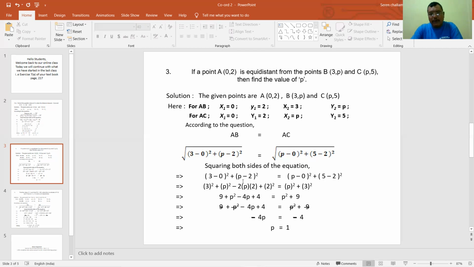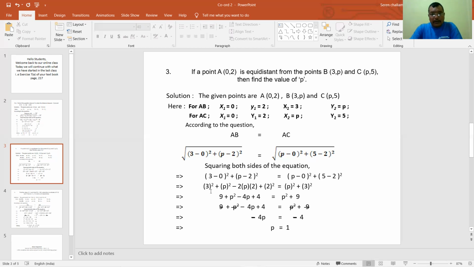This is again in the form of (a minus b) whole square, so we have to use that expansion: a square, that means p square, minus 2ab, that means 2 into p into 2, plus b square, that means 2 square. It is equal to, here we have (p minus 0) whole square, so p square, plus 5 minus 2 is 3, so 3 square.